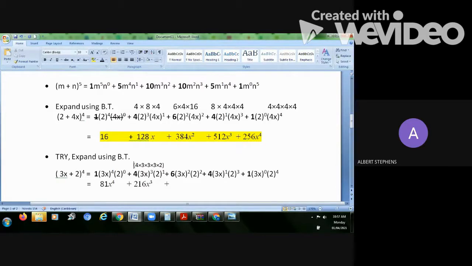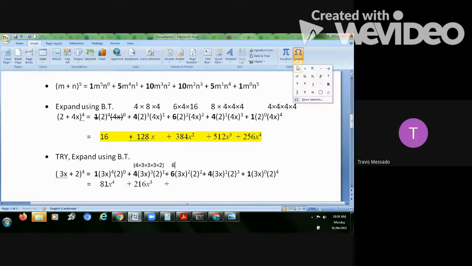So all of this up here is the working for the numbers, right? Alright. What's the other one now? Sir, the other one is also 216x to the second power. Alright. So it would have been 6 times 3 times 3 and then times 2, call it 4.